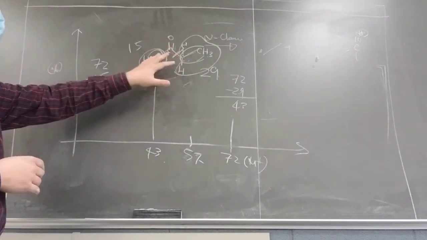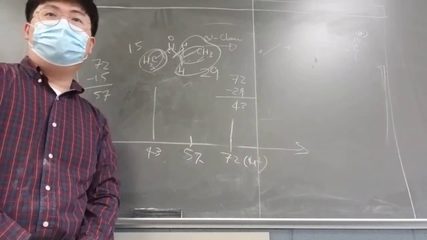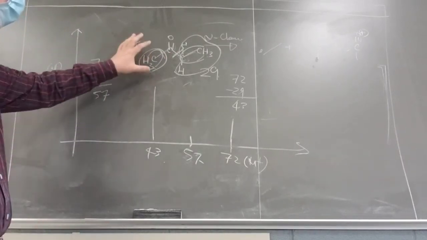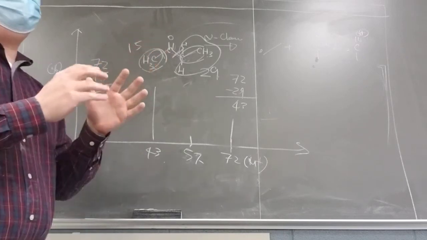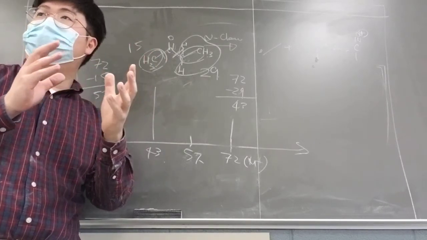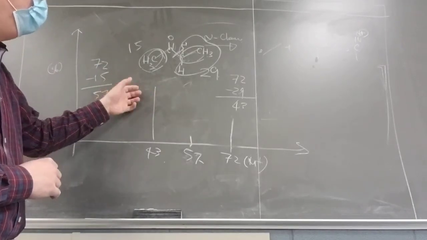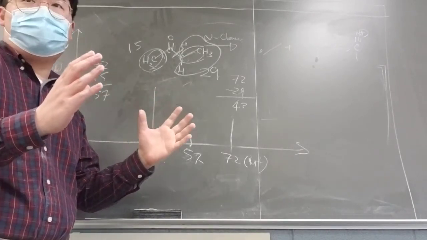So if you do see those in the mass spec, you can be sure that is indeed the alpha cleavage that happens to your 2-butanone, or you can say methyl ethyl ketone, doesn't matter. This is a way to apply your knowledge to analyze your compound on your mass spec graph.